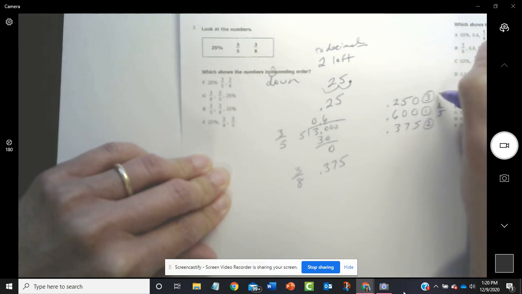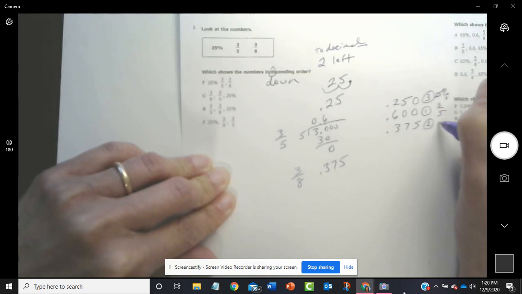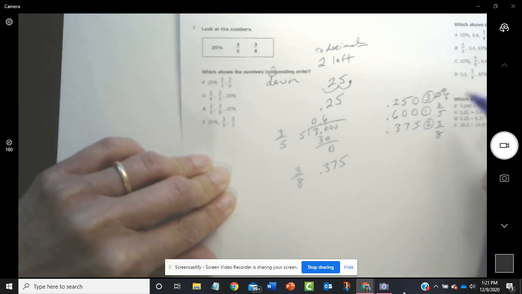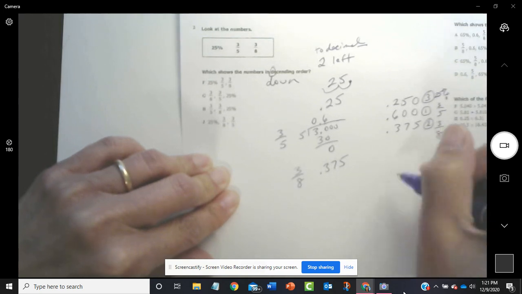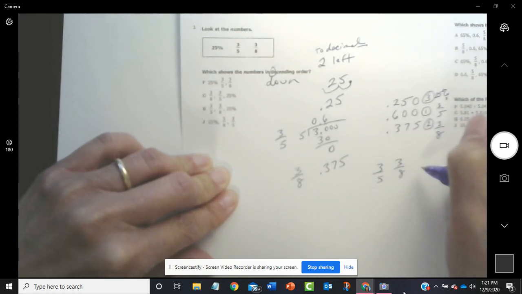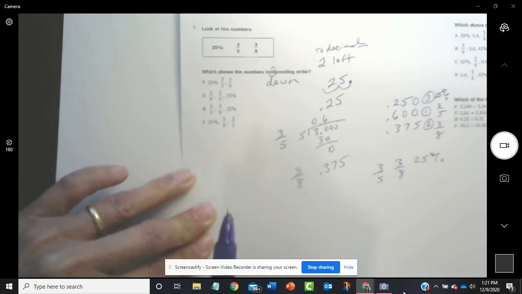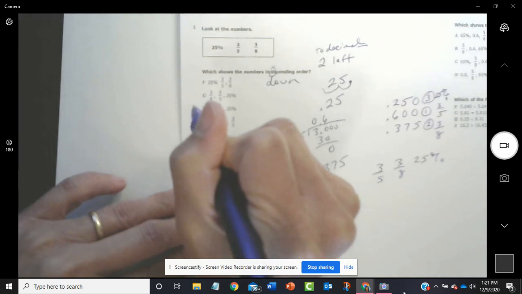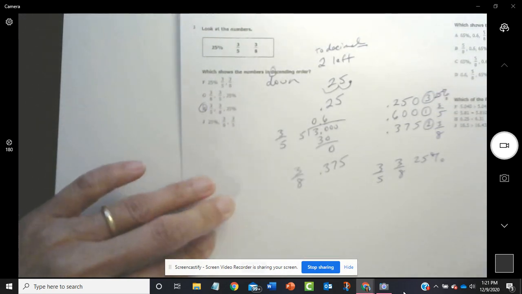The 0.25 was the same as 25%, and the 0.375 was the same as 3/8. So I am looking for 3/5, 3/8, and then 25%. And that option shows up in H.